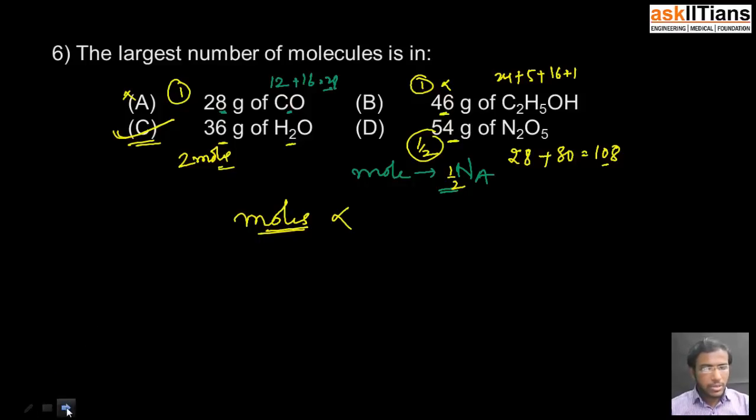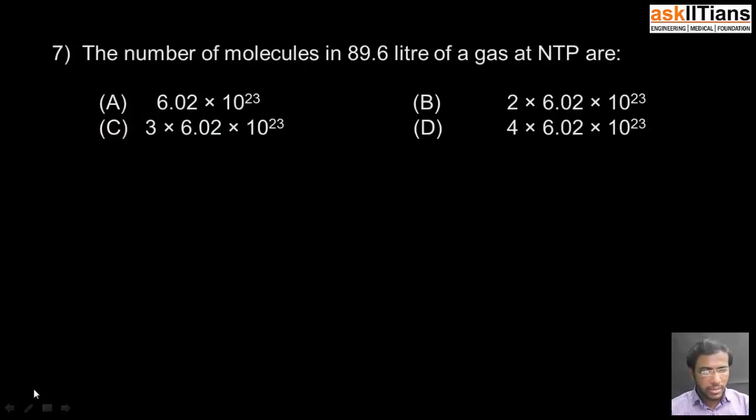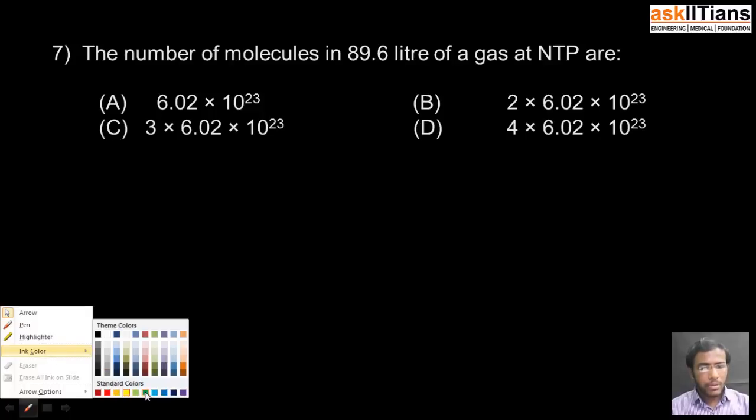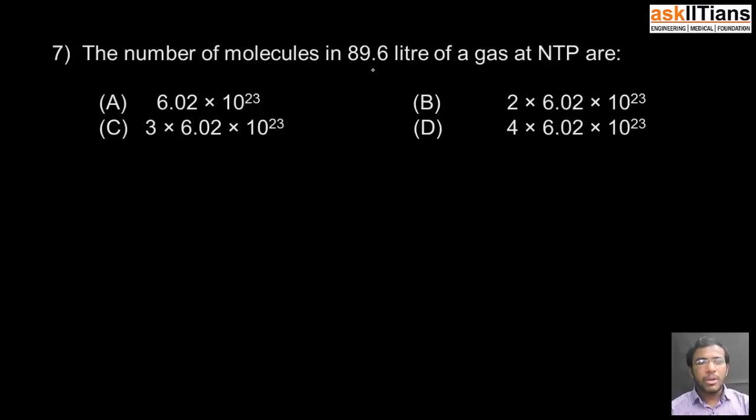And next question, question number 7. The number of molecules in 89.6 liter of a gas at NTP are. You have to calculate the number of molecules, and the volume of the gas is given at normal temperature and pressure. So how to solve this question? We know that at NTP, 1 mole of any gas occupies 22.4 liters.